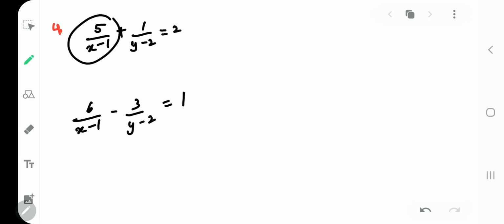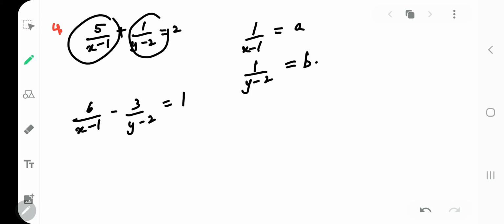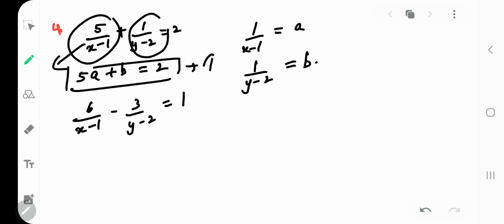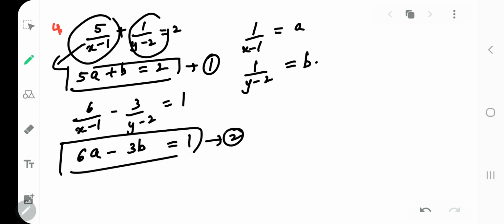My dear kids, if I put this 1 upon x minus 1 as a and 1 upon y minus 2 as b, what equation will I get here? It will be 5a plus b is equal to 2. Can I keep this as equation number 1? And here it will be 6a minus 3b is equal to 1. I'll keep this as equation number 2.